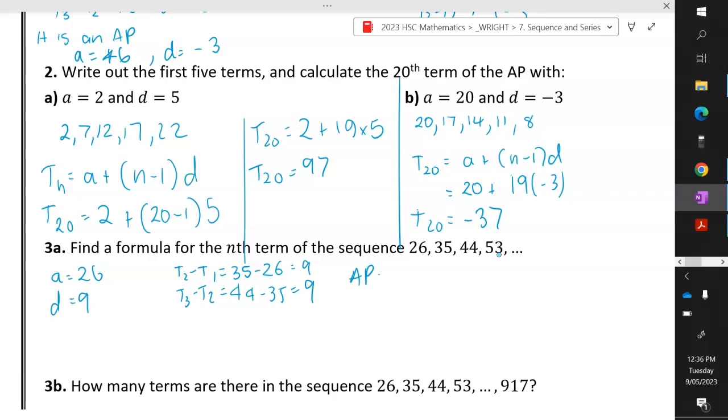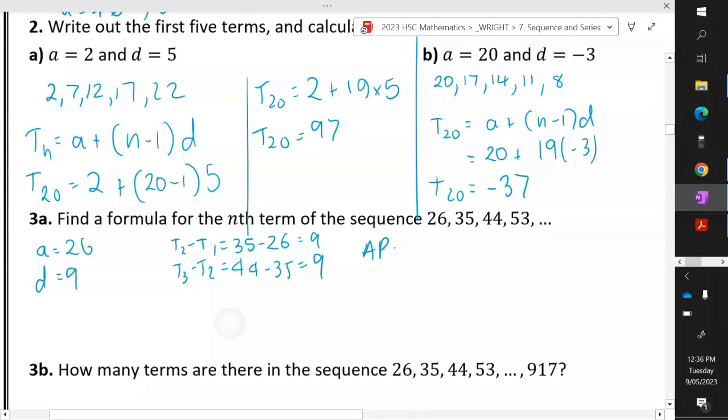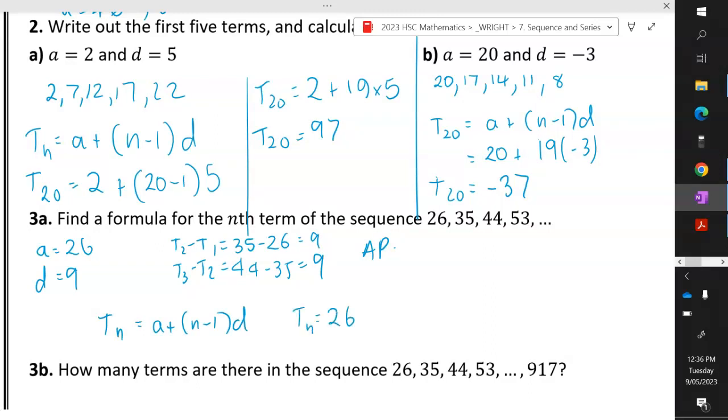So we want to find a formula for the nth term. Since we know it's an AP, we can use the formula above that term n is going to be a plus n minus 1 times d. So our nth term is going to be 26 plus n minus 1 times 9. And we can expand that out and neaten it up.